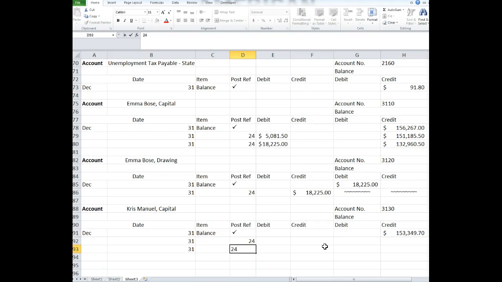And then we have to enter in our adjusting and our closing entries. So what are we going to do next with our capital?